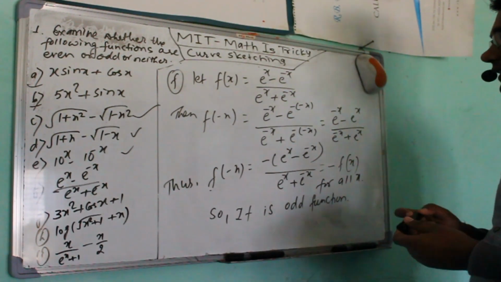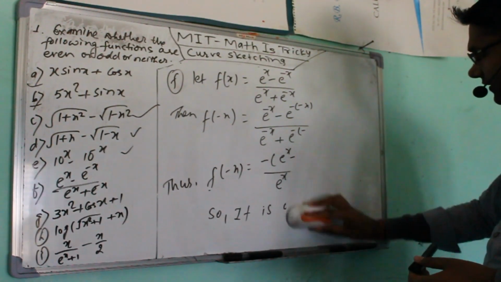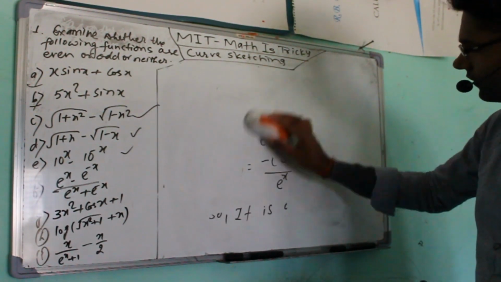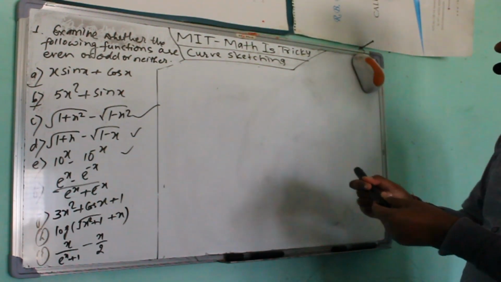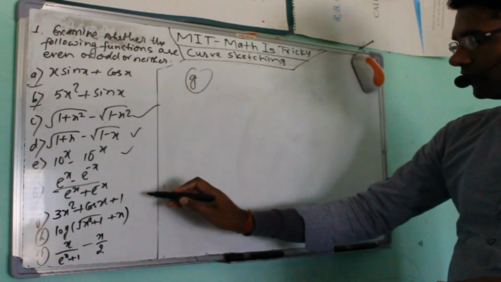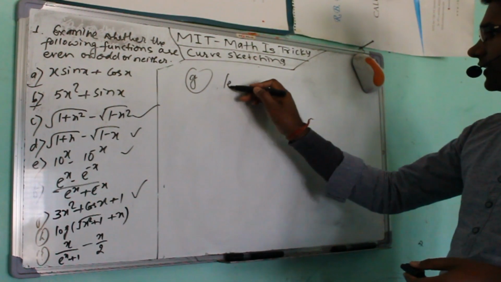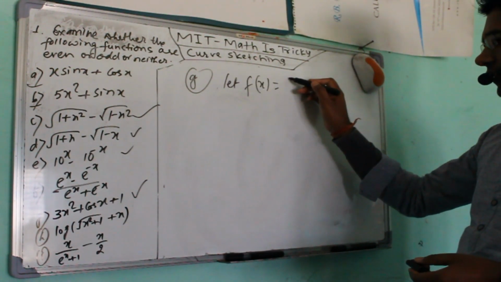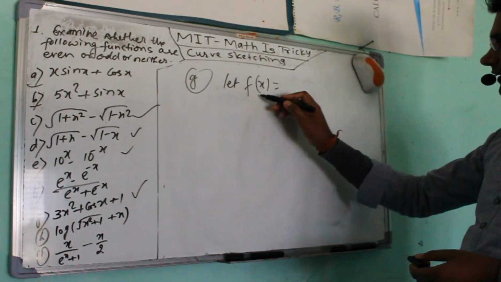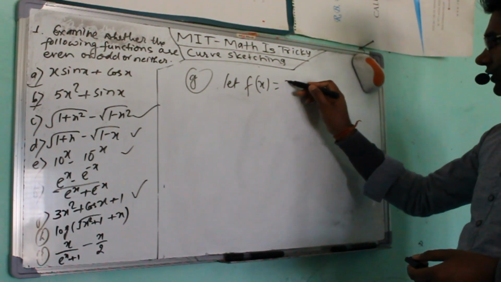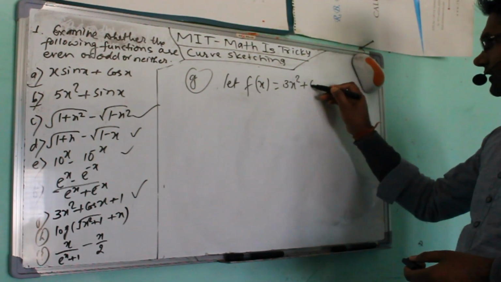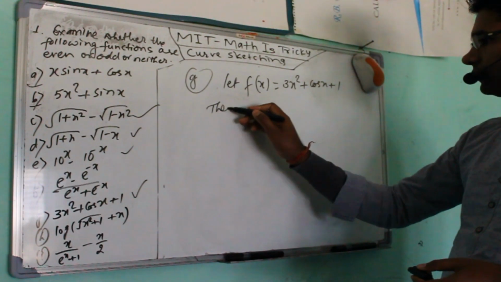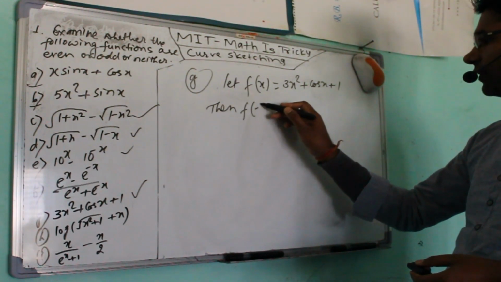Now after F, let's move to question number G. Let f of x equal 3x square plus cos x plus 1. Then what will be the value of f of minus x?